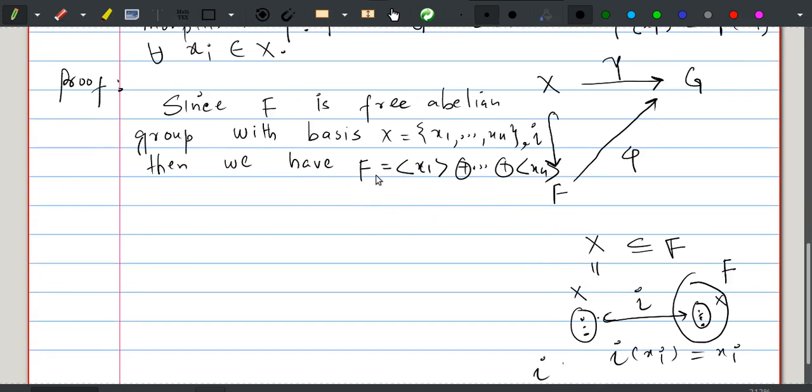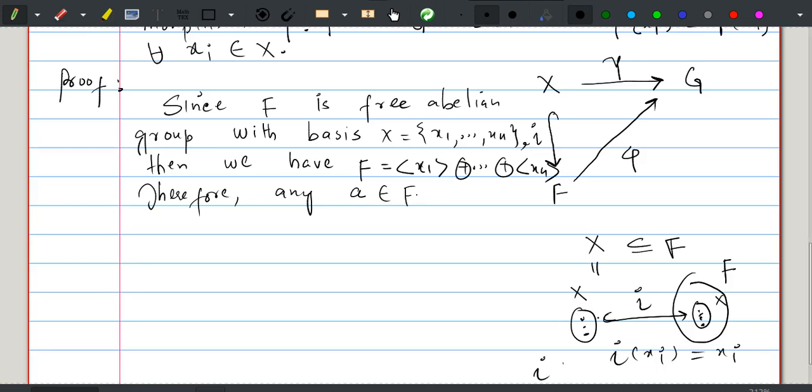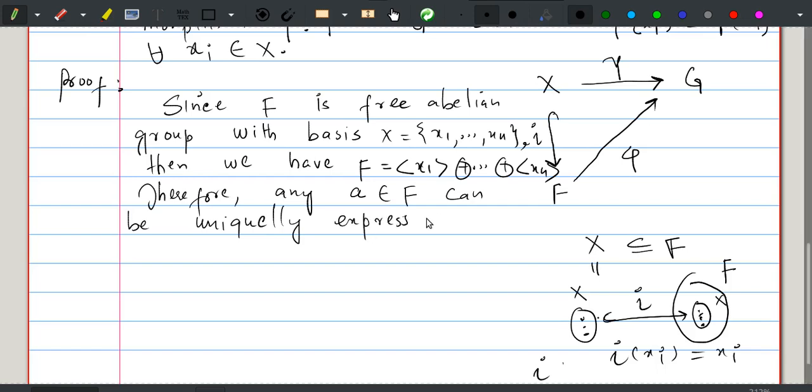So if F is a direct sum of these cyclic groups, it means that any element A in F can be uniquely expressed as follows.